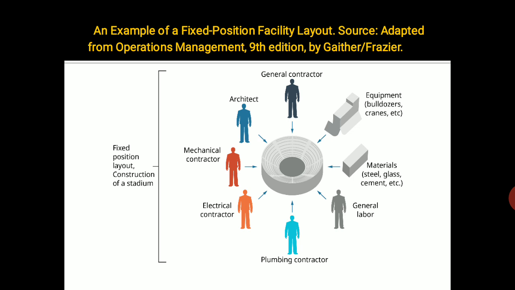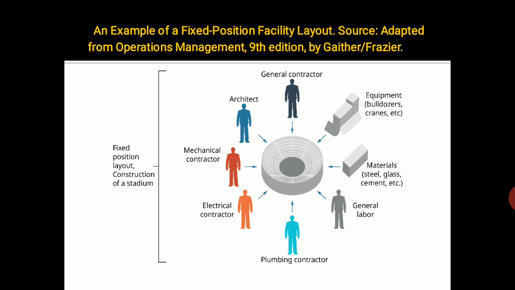That means whenever such a kind of product is being produced, which is heavy in nature, big in size, then at that time we definitely have to go for a static layout. Static layout has this speciality that the product does not move.